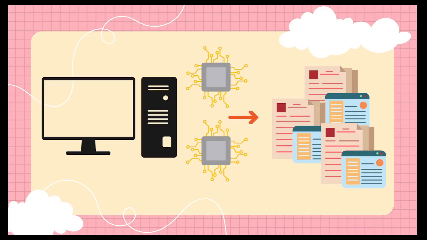As a chef prepares food, the central processing unit processes data in the computer and converts them into information. As the food preparation speed depends on the speed of the chef, the speed of the computer depends on the speed of the CPU.